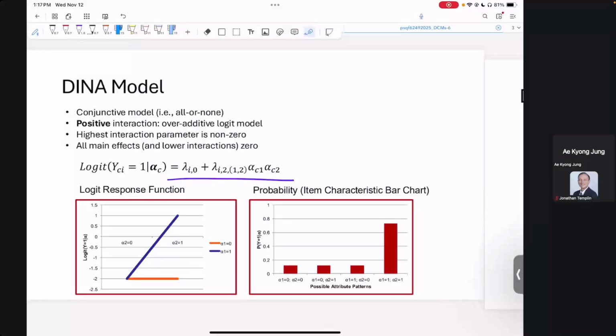In doing that, we discovered that the DINA model has an intercept and the highest-level interaction, and all the lower-order interactions and main effects are 0. That's a problem in data. So let me ask you a question. Why, in an analysis of variance, would you need the main effects when you have an interaction?